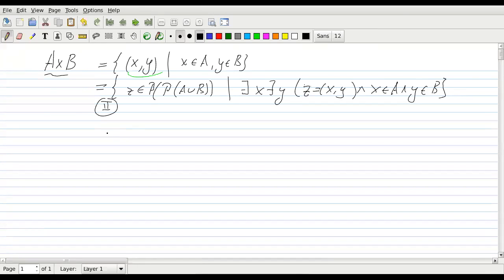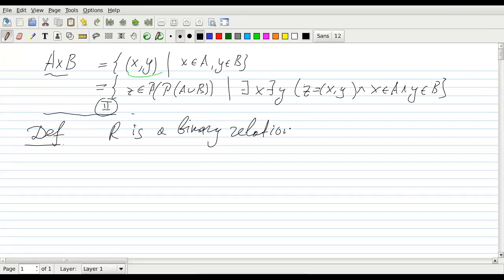Now, let's get some abstract perspective on these binary relations. So by definition, R is a binary relation. It's possible to define a binary relation without any parameter, but it would make our exposition a little bit more complicated, so we avoid this possibility.